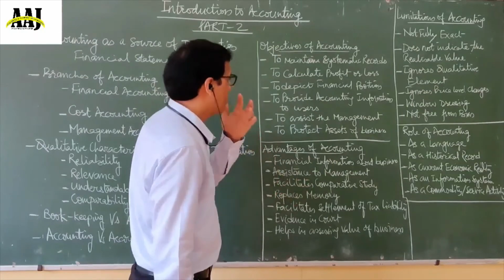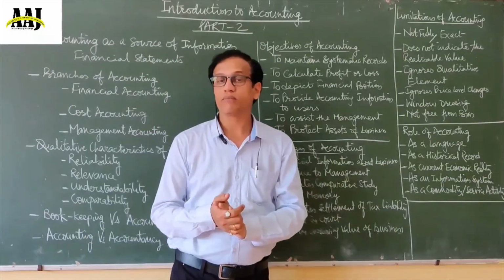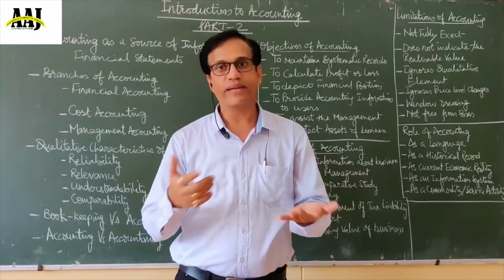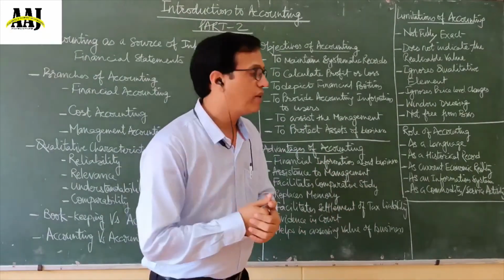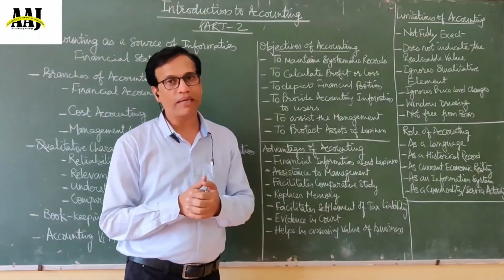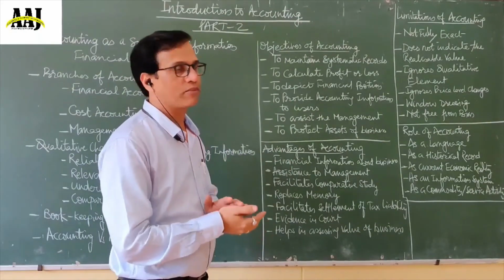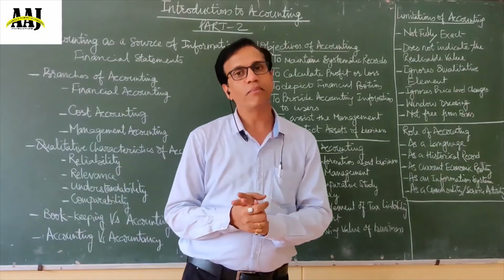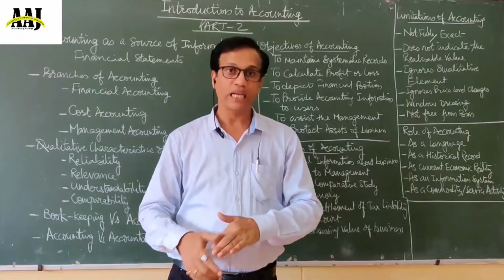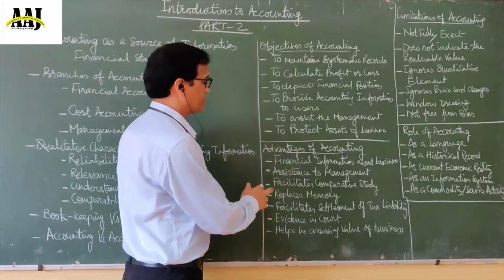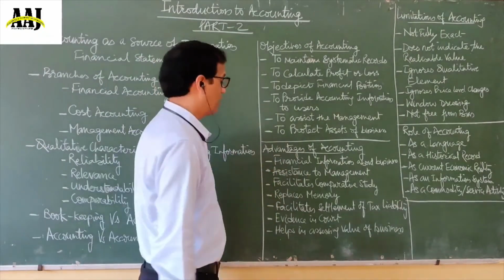Then assistance to management: it provides help to the management in making various decisions. On the basis of these records maintained here, the management makes various decisions regarding the future prospects and growth of the business. So it is an assistance to management.